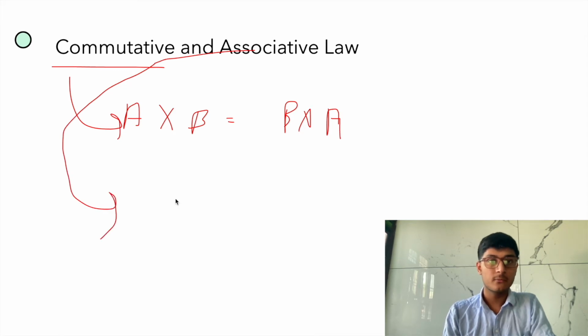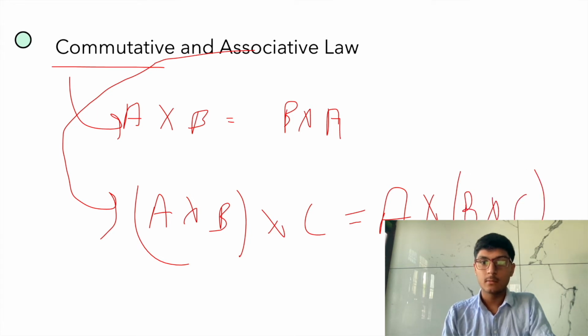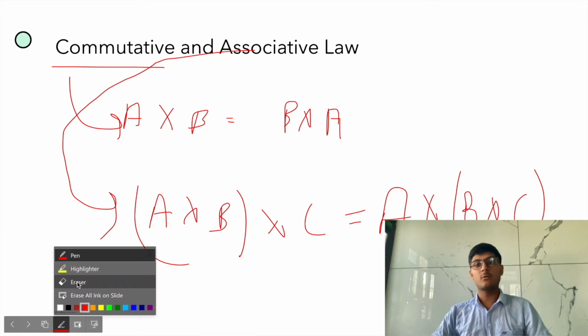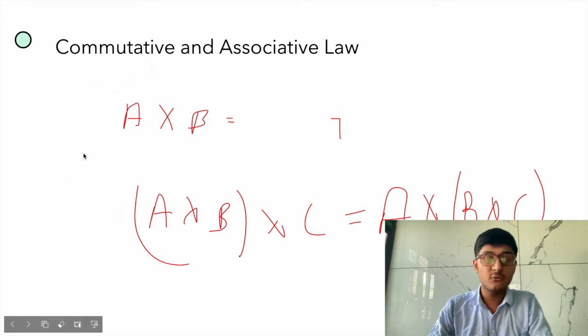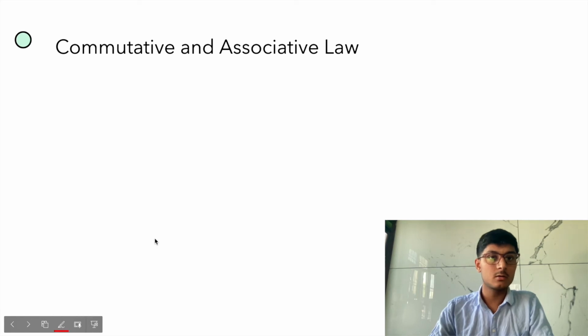But in case of associative law, a cross b bracket cross c will be equal to, if we write it like this, a multiplied by b multiplied by c. So this is our associative law. And in the case of matrices, let's just check whether these follow the rule or not.